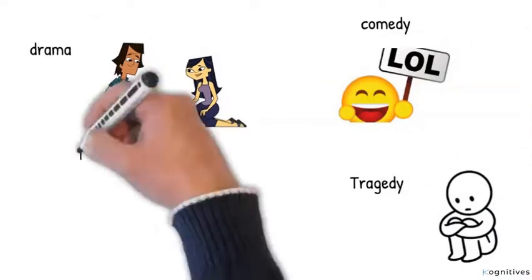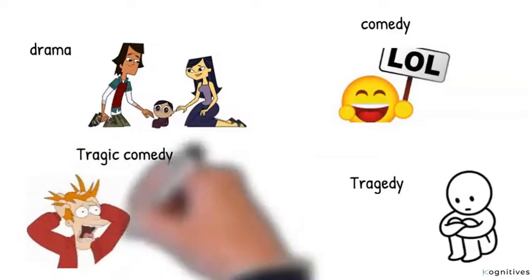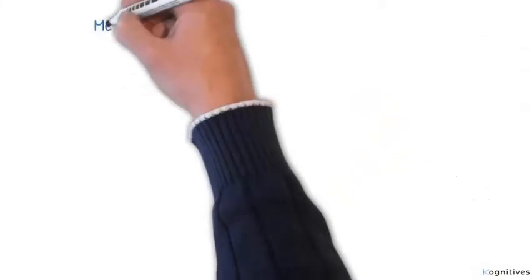We talked about tragic comedy. It's a play that starts with tension but ends with laughter. Then we talked about melodrama. We say melodrama is an extreme form of tragedy in which there is opposition between virtue and vice.